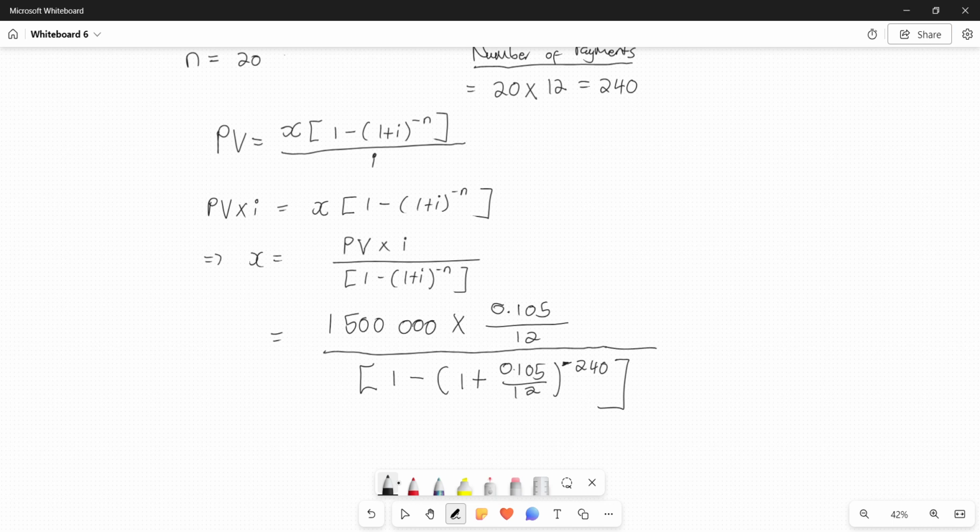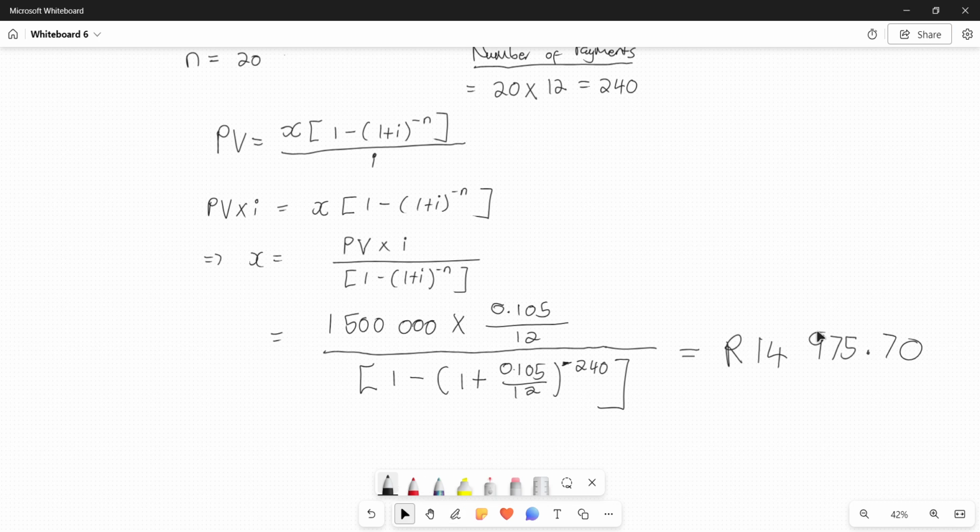So now I'm going to use my calculator to calculate this. It gives me 14,975.70. So it is 14,975 rands and 70 cents.